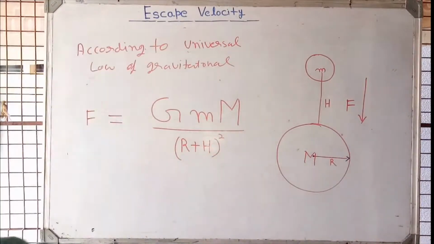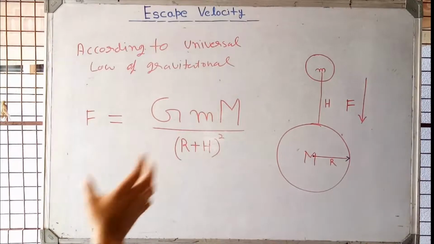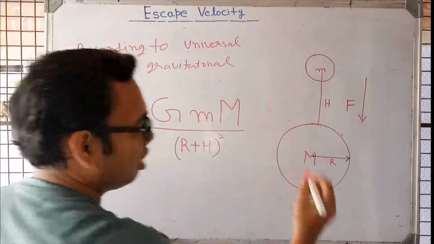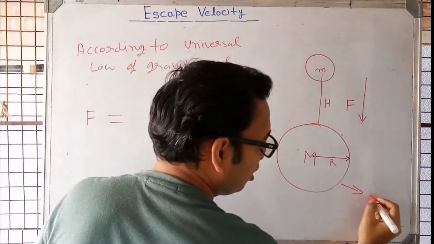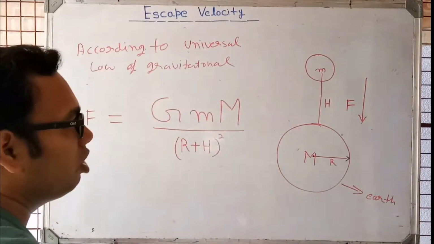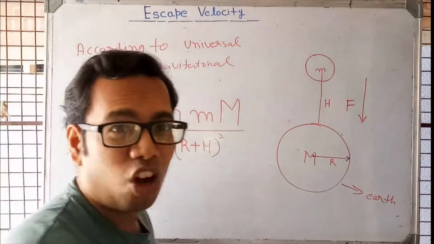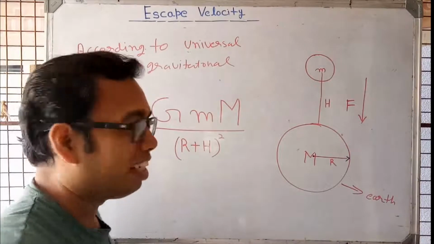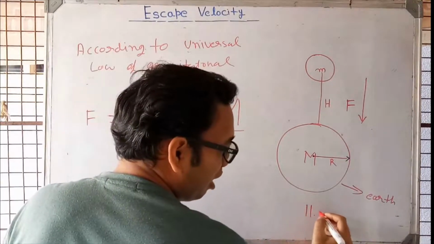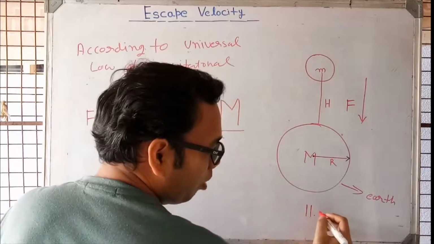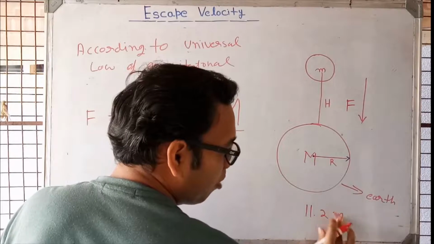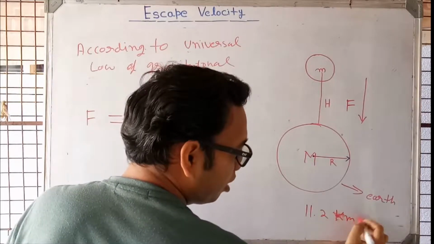So this much force of attraction is between these two objects, this is earth, our earth. Like how a rocket escapes, we say our rocket should run at a velocity of 11.2 kilometer per second.